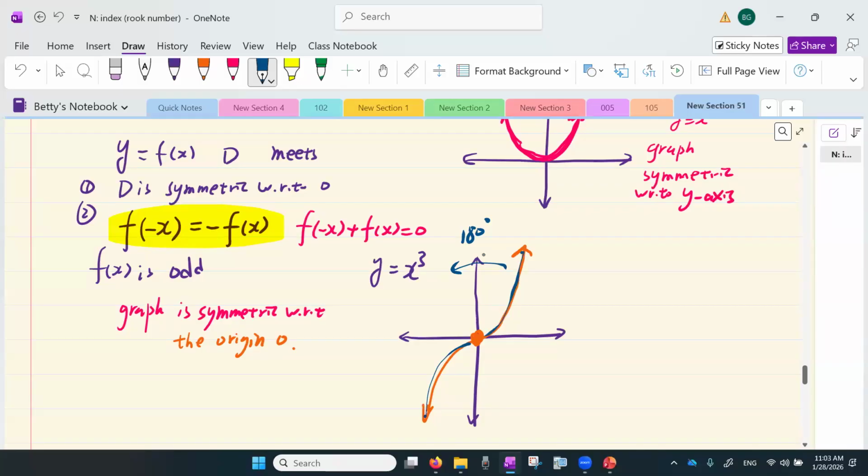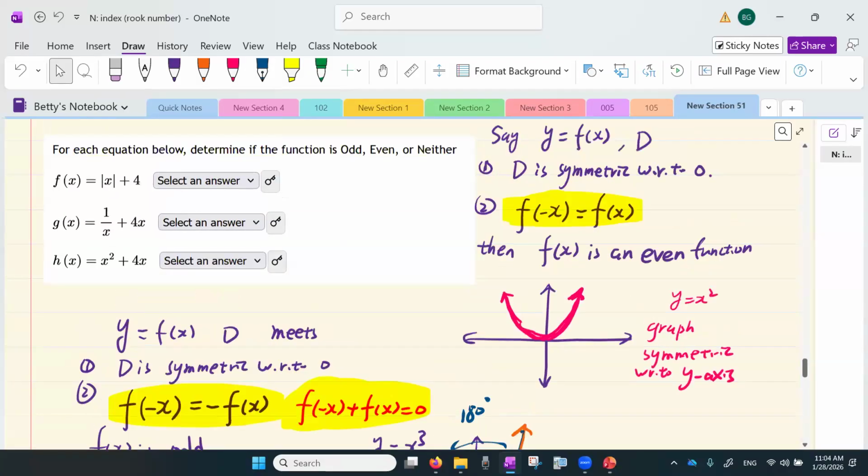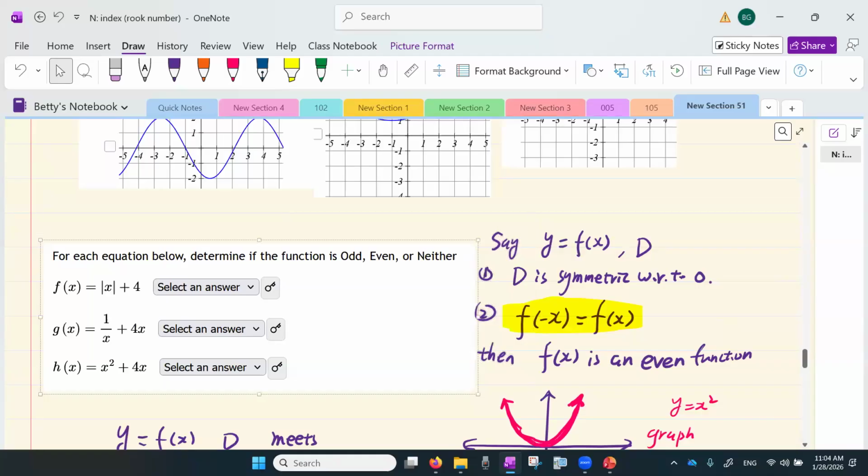So if you rotate this curve with respect to the origin by 180 degrees, the graph becomes the original graph. If a function's graph is symmetric with respect to the origin, that function is odd. Algebraically, the condition is f of x and f of negative x add up to 0, okay? So remember those important things, and now we can look at this problem.